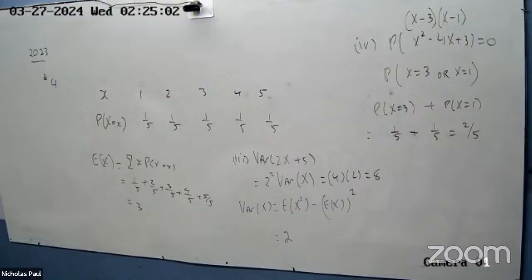Next one. Right? Let's do 2022. All in the group, right? 2022, do the chi-square.